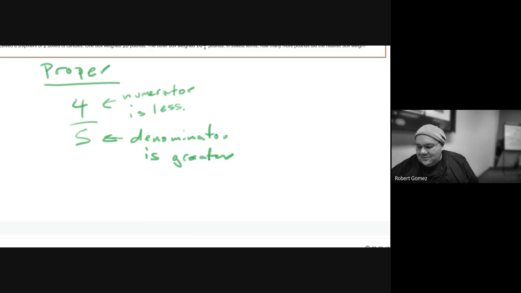So we have something called improper, where it's kind of backwards, right? I'm just going to flip it around. So we have 5/4, which is kind of already looking weird. In this one, it's backwards, right?